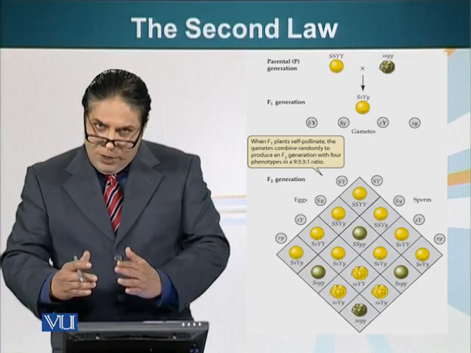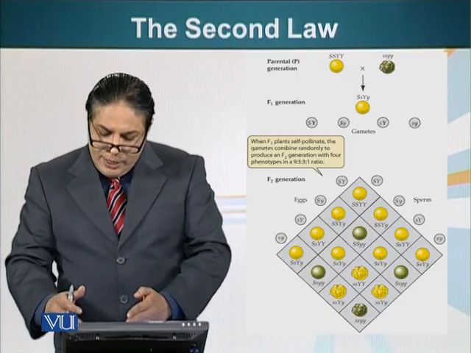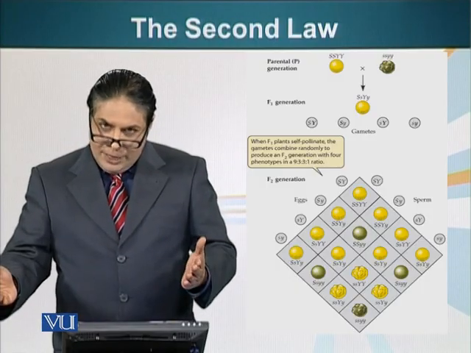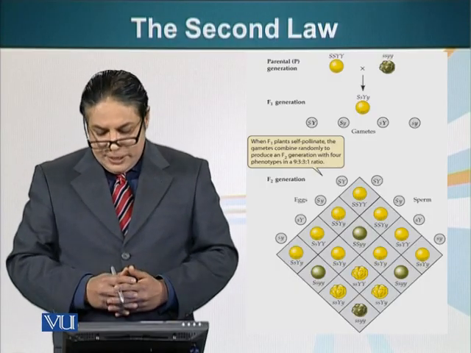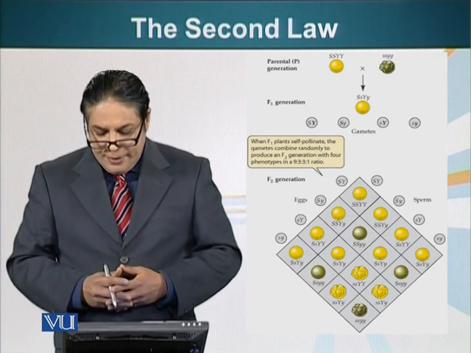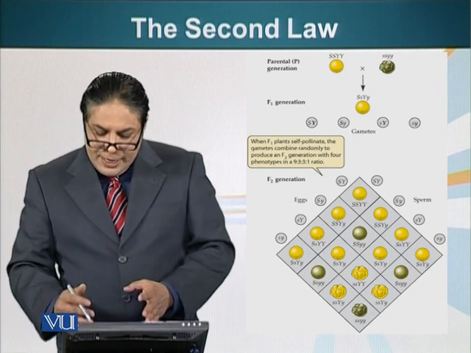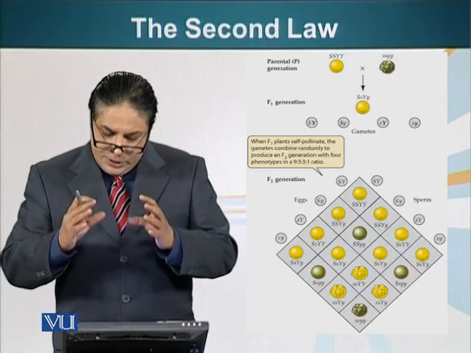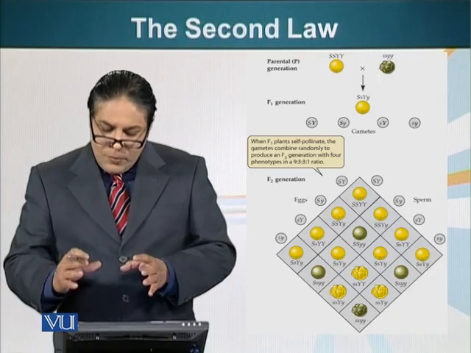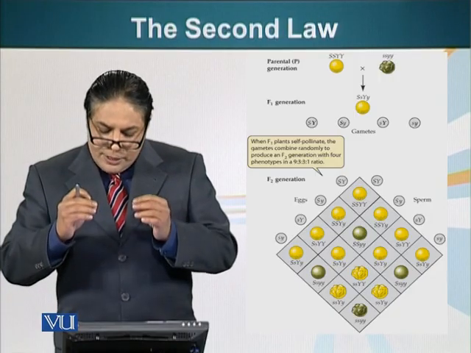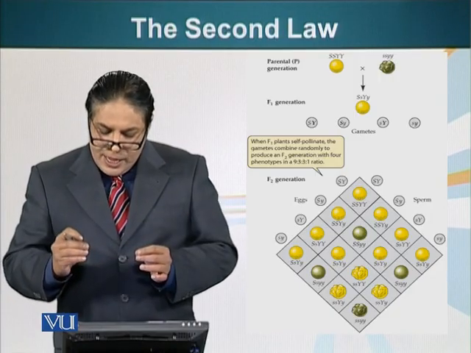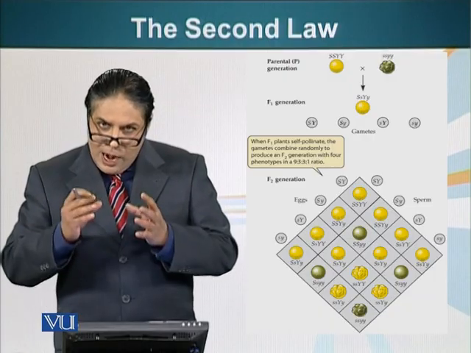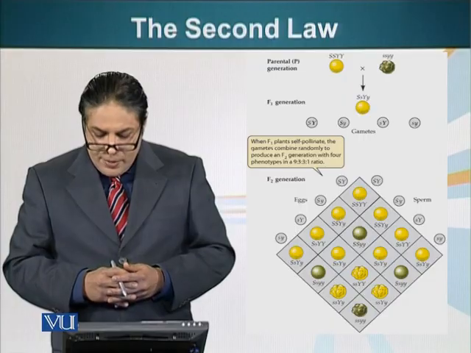Again, we are familiar with the Punnett square. We write the gametes on either side of the Punnett square and look at the combinations. What we get is 9 spherical yellow seeds, 3 spherical green seeds, 3 wrinkled yellow seeds, and 1 wrinkled green seed.